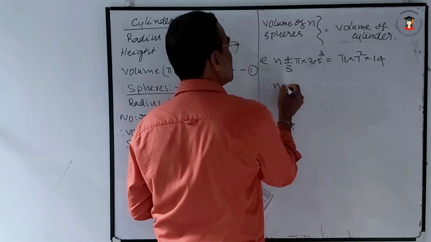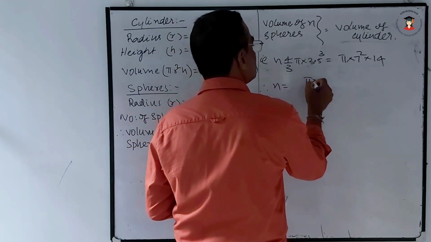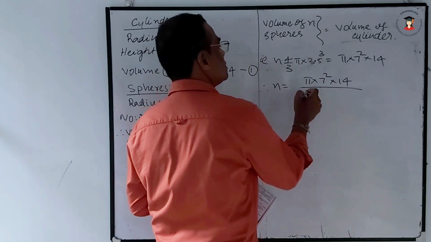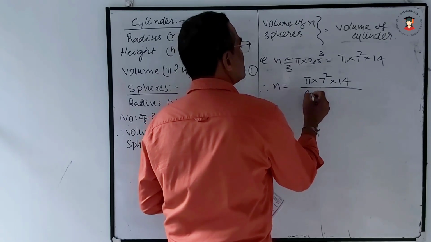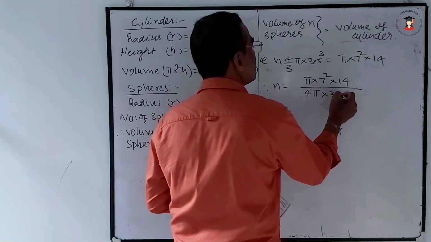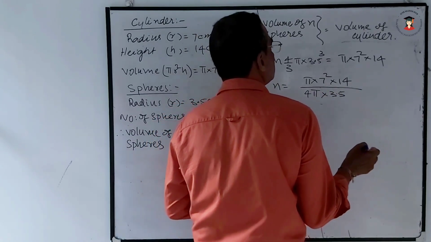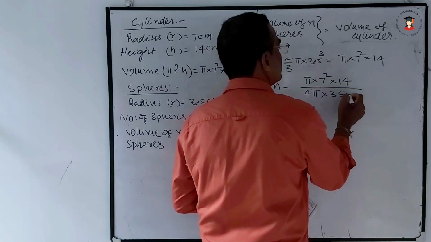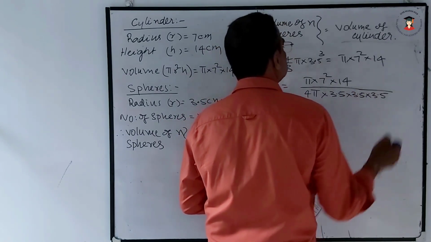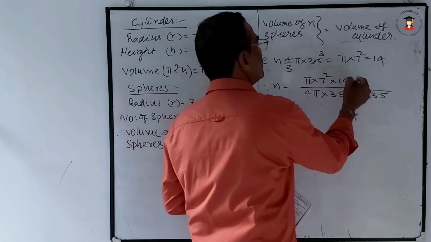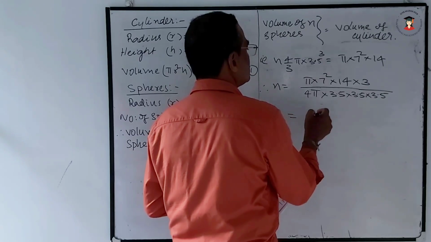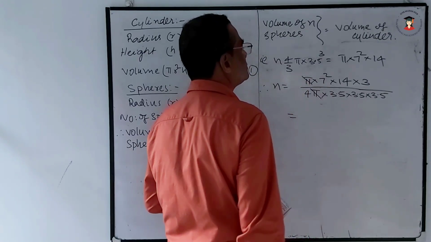Therefore, n is equal to pi into 7 square into 14 divided by 4 pi into 3.5 into 3.5 into 3.5. This 3 will go to the numerator. Pi and pi will go.